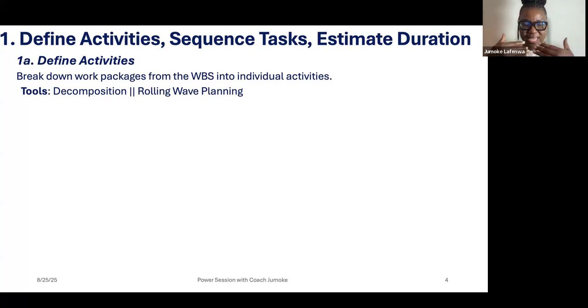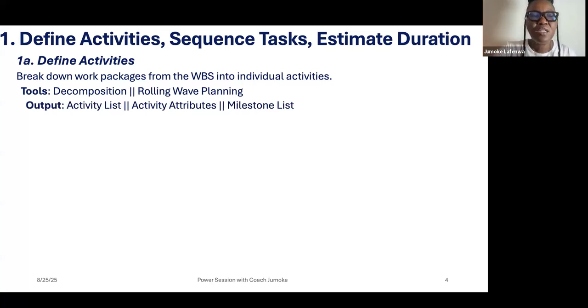So as you get, the near activities will be planned into details, and the far end activities will be high level planned. That's what rolling wave planning is. So these are the tools you will use in defining activities.